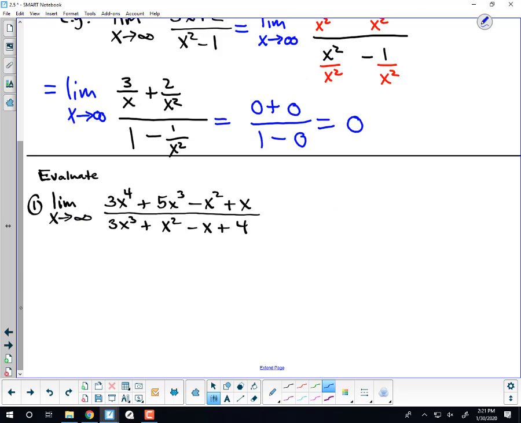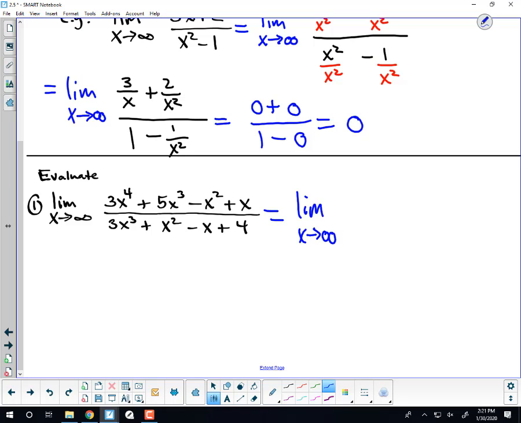This last example is just so we can get all three of those algebra situations in place. So you'll notice here that the degree of the numerator is larger than the degree of the denominator. So maybe you remember what happened in that situation, maybe you don't. But again, it's a limit at infinity on a rational function, so we're just going to look at the limit at infinity for the leading terms.